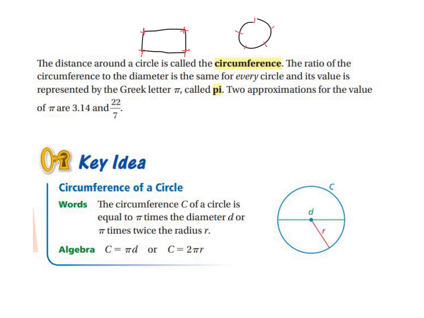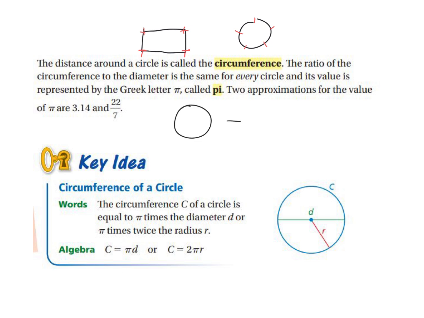Well, what old mathematicians found, they looked at the connection between a circumference and a diameter. What they found is that if you were to break a circle and lay it out in a straight line, you would find this little ratio.